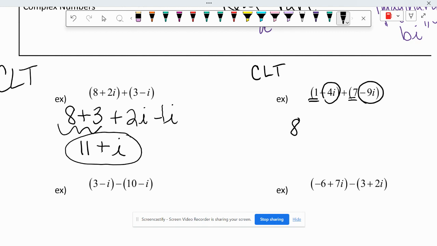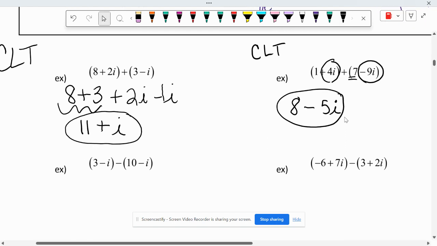What does a positive 4 and a negative 9 give me? Negative 5i. Can you guys see that that's a positive 4? Positive 4, negative 9 give me negative 5. That's combining like terms. First two examples: real parts with real parts have to be added together.